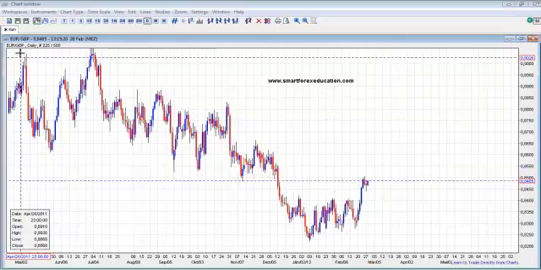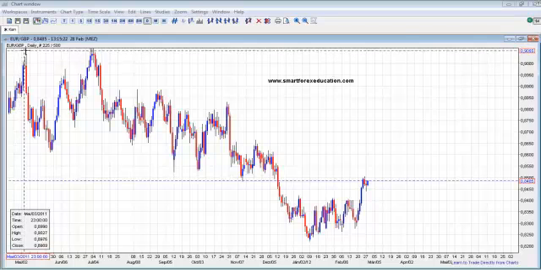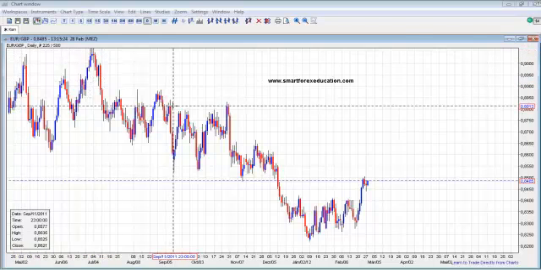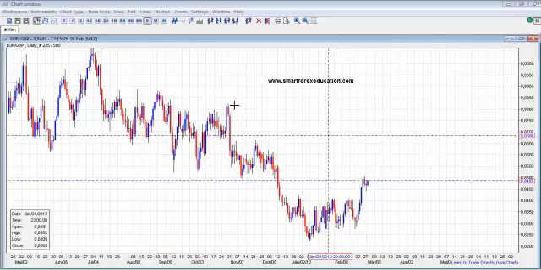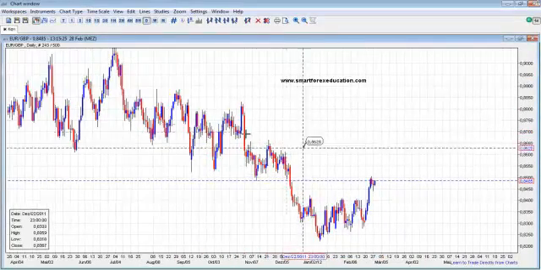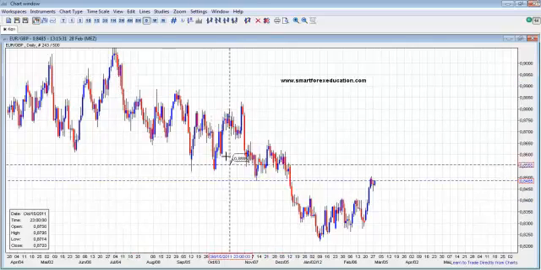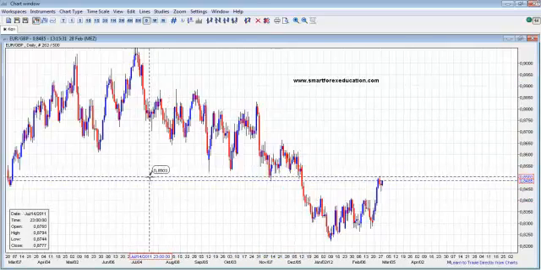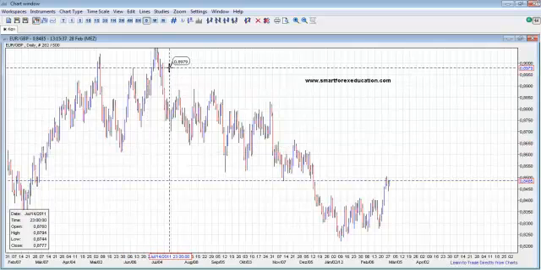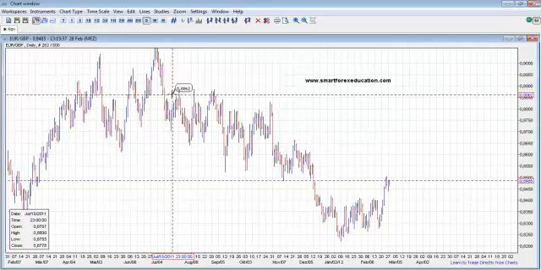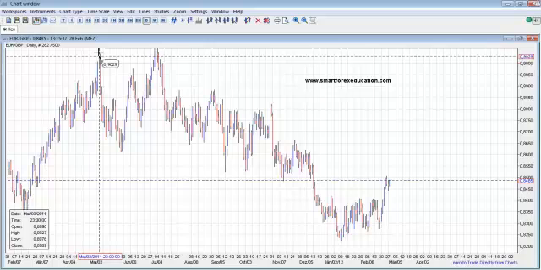So here you can see the euro versus the pound on a daily time frame, and it's pretty visible that the market has decreased, or there's been a huge sell-off from, let's just say, the June highs of 2011, and where we bounced and found the lows.